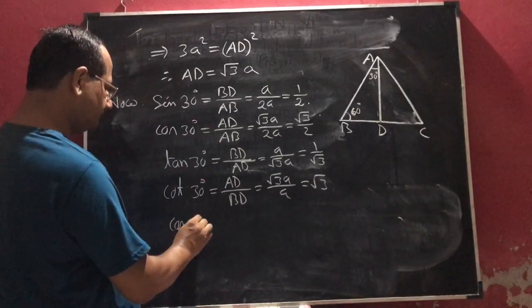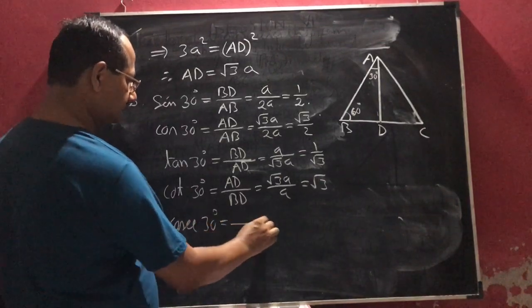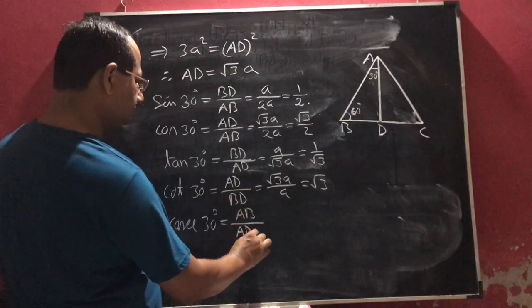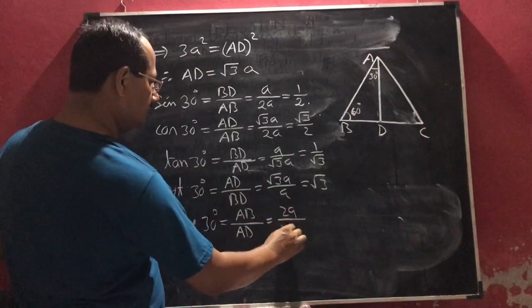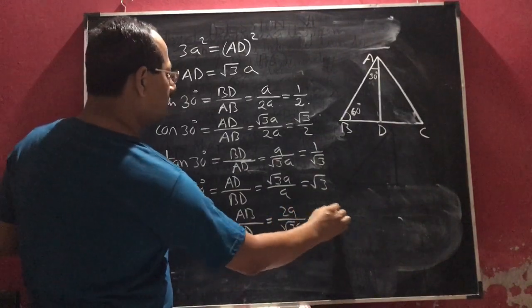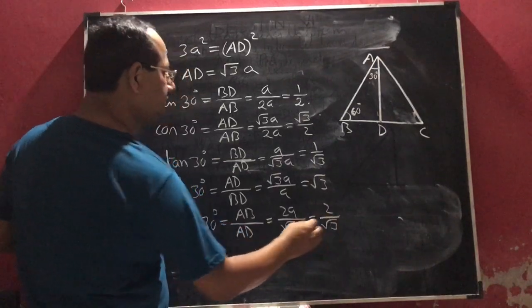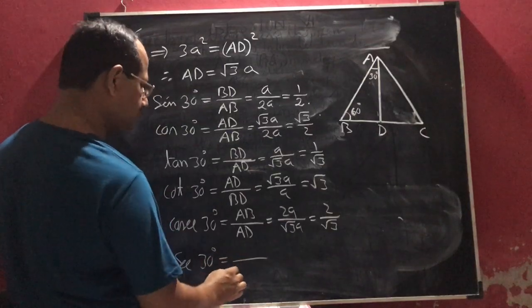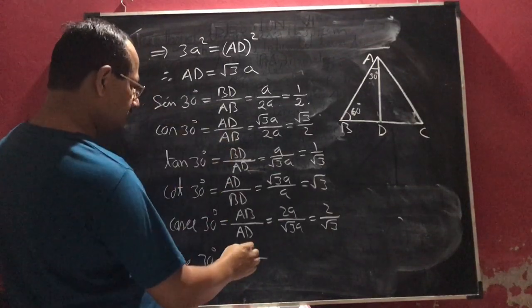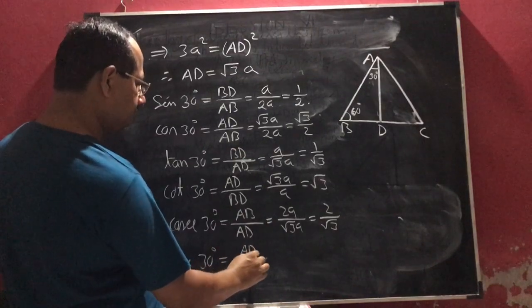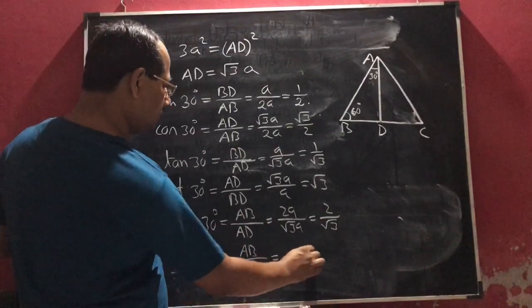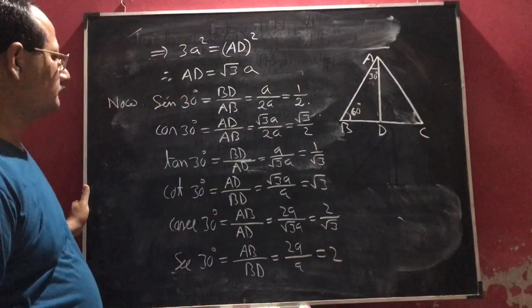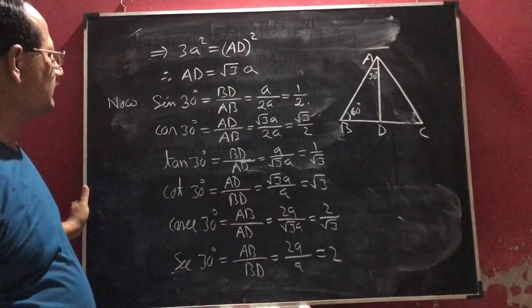Cosec 30 degree is AB by BD, that is twice a by a, that is equal to 2. Sec 30 degree is AB by AD, that is twice a by root 3 a, 2 by root 3. This is for 30 degree angle.